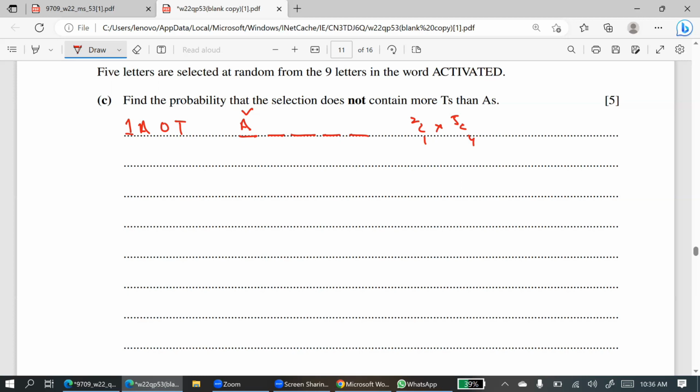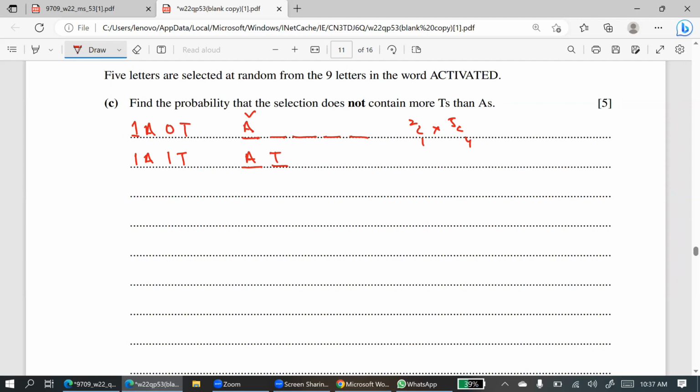फिर हम उसके बाद 1A और 1T कर लेते हैं। 1A 1T, ये हो गया 2C1 इंटू 2C1। There are 3 more empty spaces for A and T. Other than A and T we have 5 letters, so 5C3 to fill these 3 places.